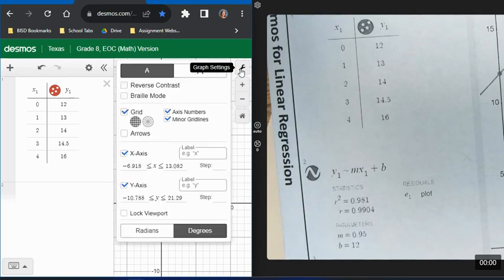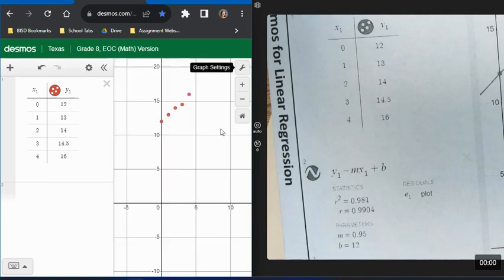I want y'all to do something for me real quick. Click on the graph settings, and take off the minor grid lines and put your step as 1 on both of them. So I took off minor grid lines, did our step as 1 for both, and then hit the settings button again.